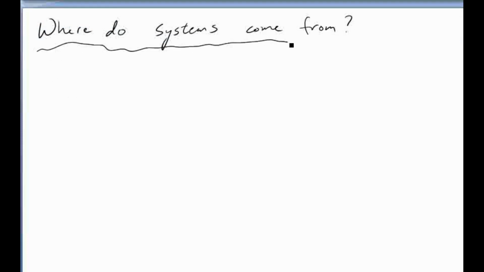And basically, there are two main sources of systems. One, the most natural one, perhaps, is that we are actually talking about something that specifically does involve multiple variables. So they can arise naturally.